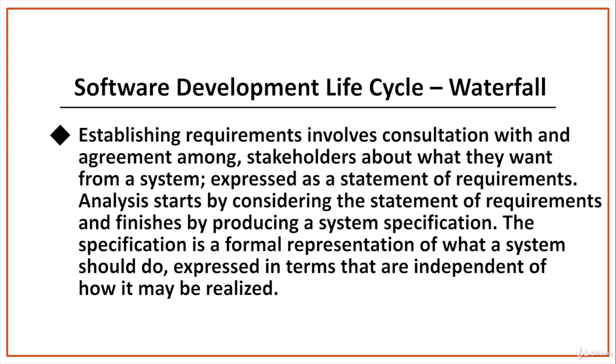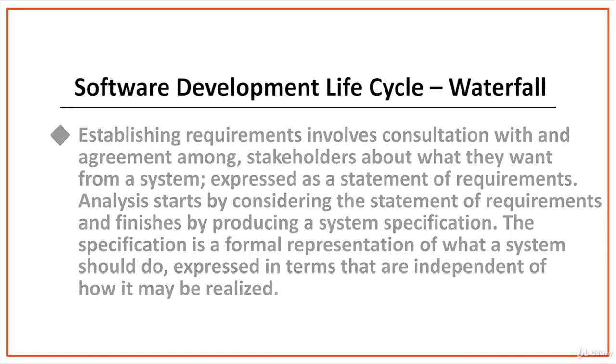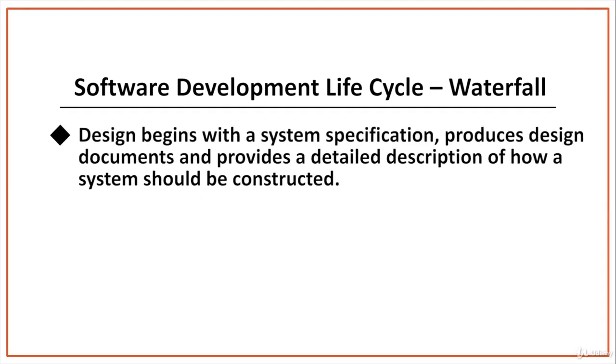The specification is a formal representation of what a system should do, expressed in terms that are independent of how it may be realized. Design begins with a system specification, produces design documents, and provides a detailed description of how a system should be constructed.